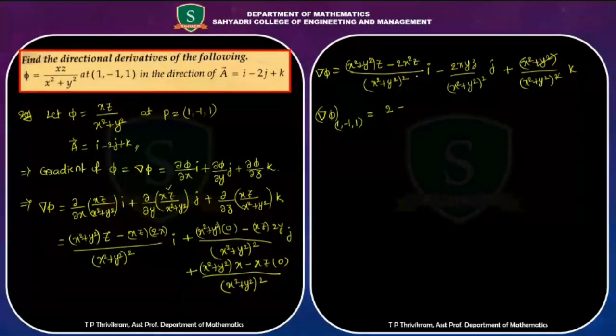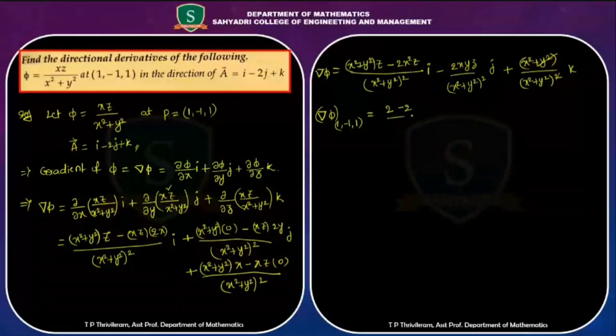Okay. So 2 minus here 2 into x square. So x square is 1 square into 1.